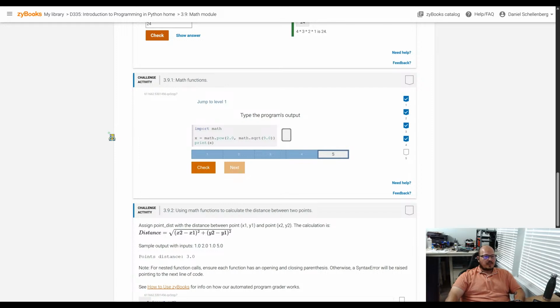Last one. Power. 2.0 to the power of whatever the square root of 9 is, right? So the square root of 9 is 3? What's the square root of 9? Hold on, I'm mathing.